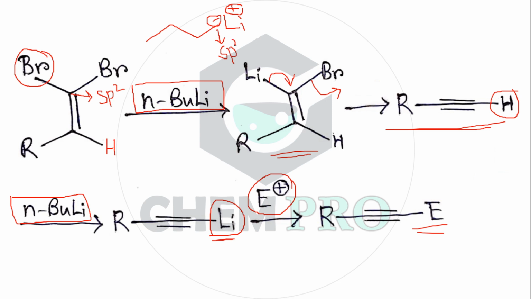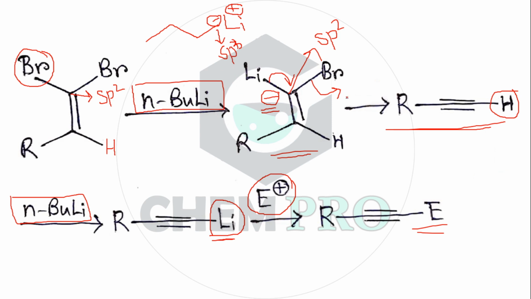So after lithiation, the negative charge is on the sp2 carbon here. Having the greater s character, the negative charge is very stable on this sp2 carbon and not on the sp3 carbon. Here the negative charge is more stable because of more s character in the sp2 carbon than in the sp3 carbon.